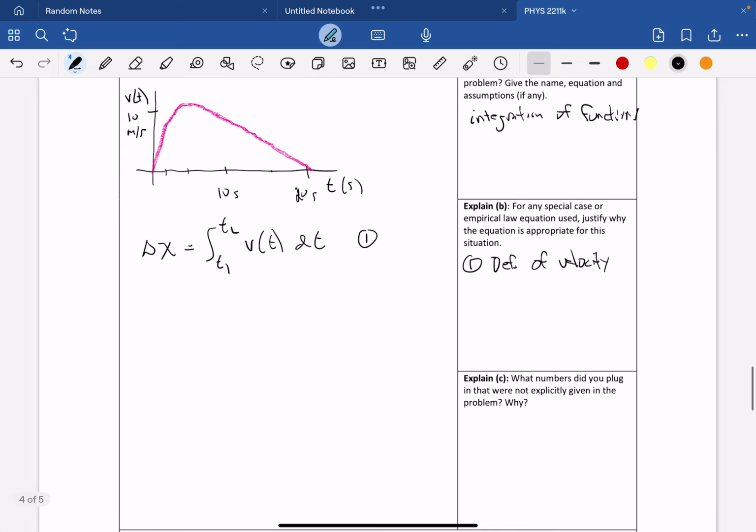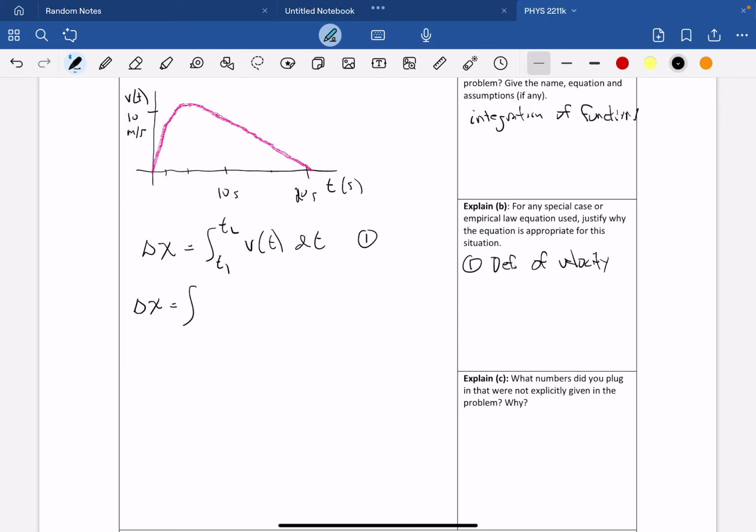Okay, so now I need to actually do the work. To find delta x for this problem, we are going to be doing an integral. If you've never done integrals before, please watch my videos on integration. Also, look at the information sheet for this unit. Some integrals of basic functions are provided.